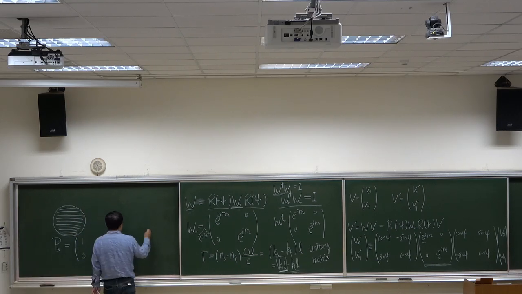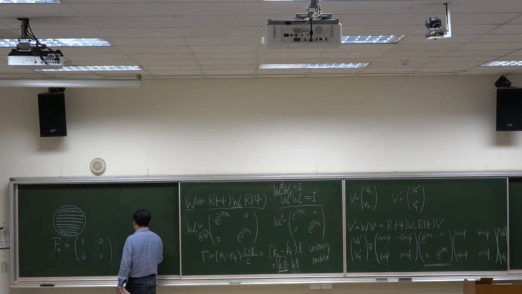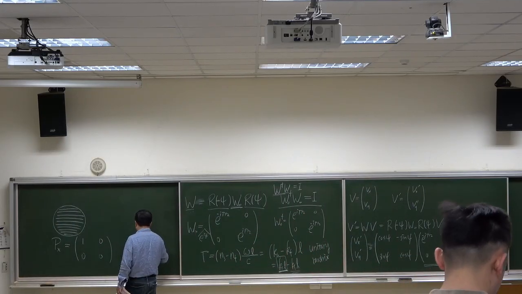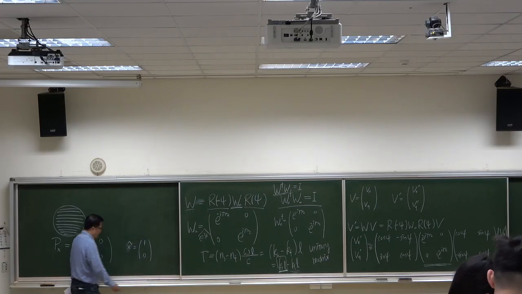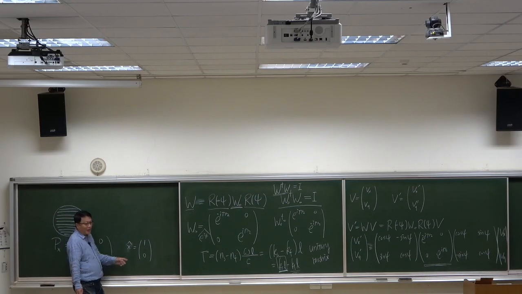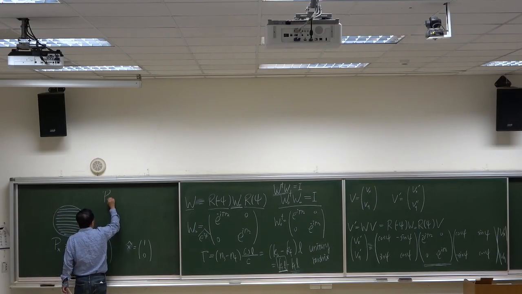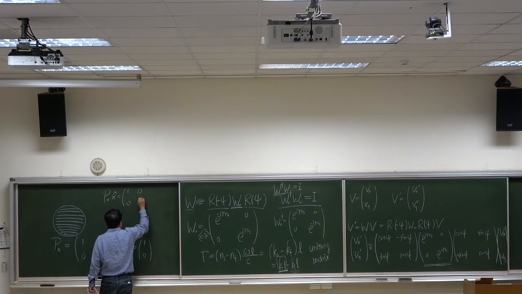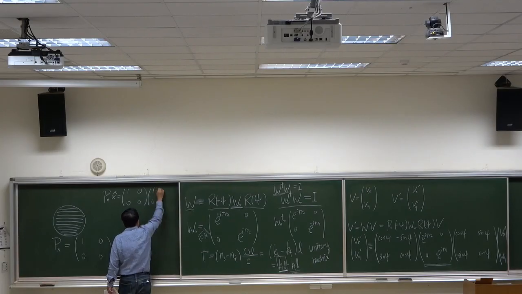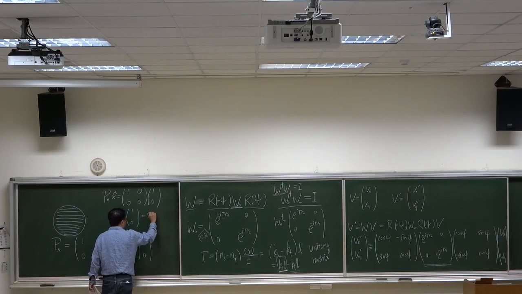The X polarization can be represented by 1, 0. Then you see that Px times the X polarization is equal to 1, 0, 0, 0 times 1, 0, and this gives us the original 1, 0, the X polarization.